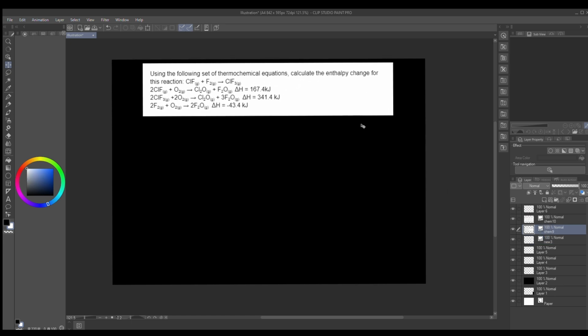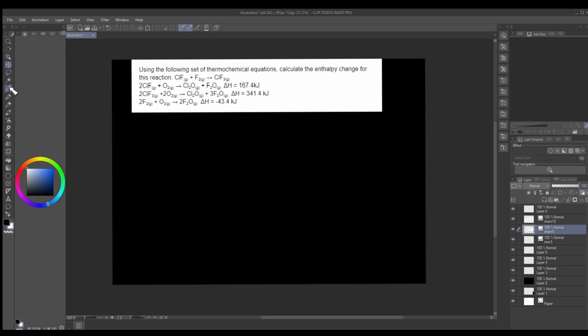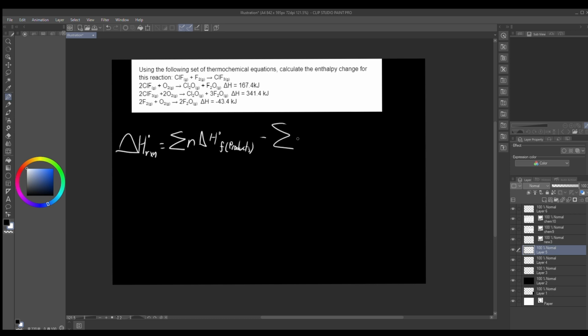So basically, the main equation for Hess's law is that the H, the enthalpy of reaction at SATP, equals sigma, which is the sum of moles times H F of products minus the sum of n times H F of reactants.